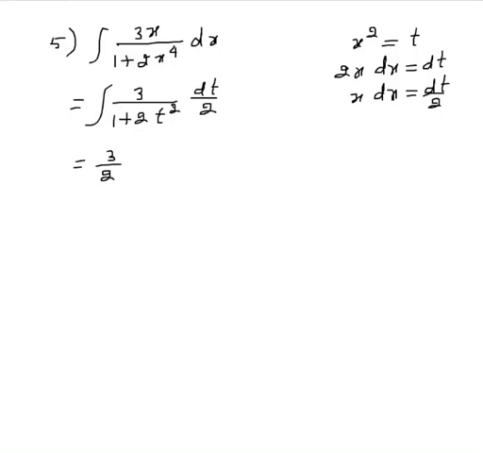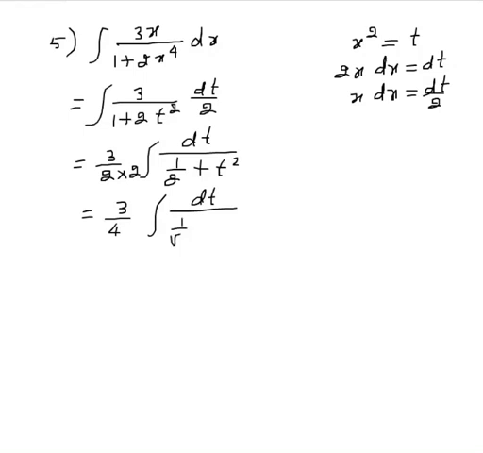3 by 2 is a constant. dt by 2t square plus 1. I can write 2t square as root 2t the whole square, or let us take 2 out. So it becomes half plus t square, that is keeping the coefficient of t square as 1. Now this is 3 by 4 dt divided by (1 by root 2) the whole square plus t square.